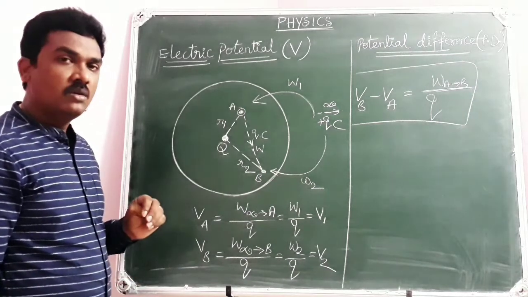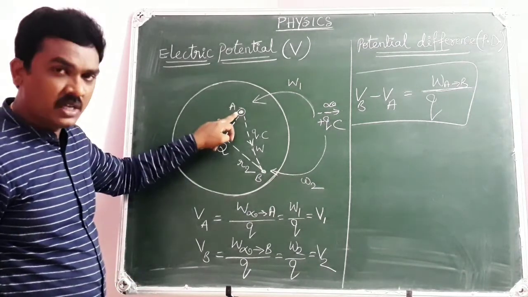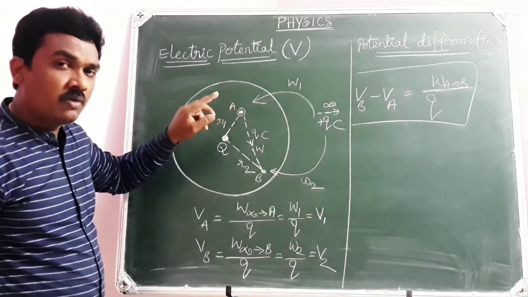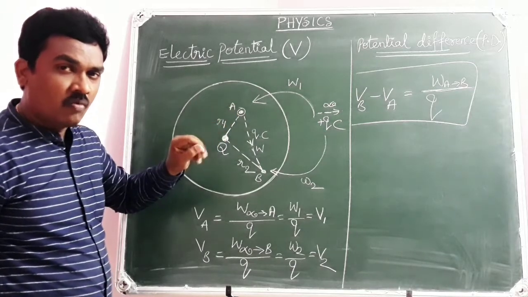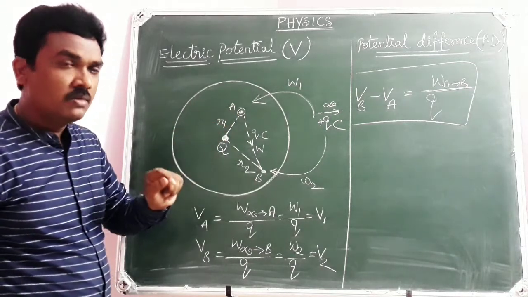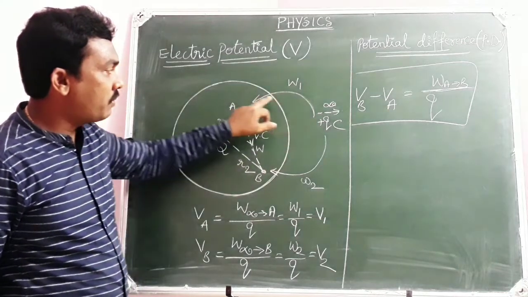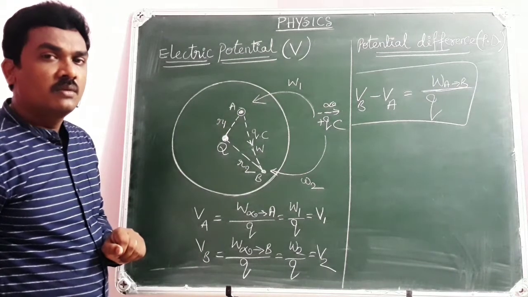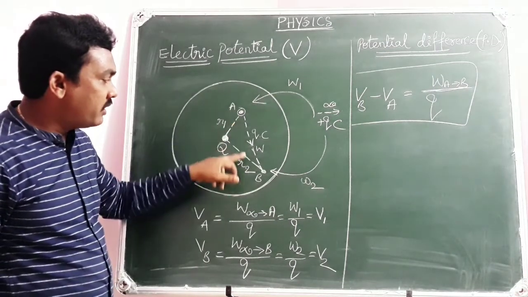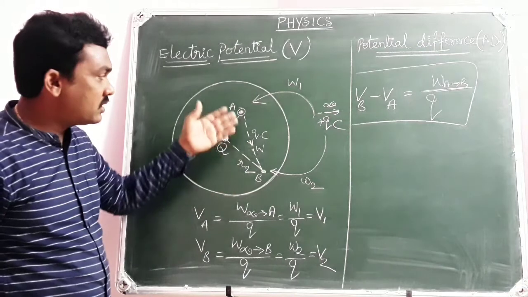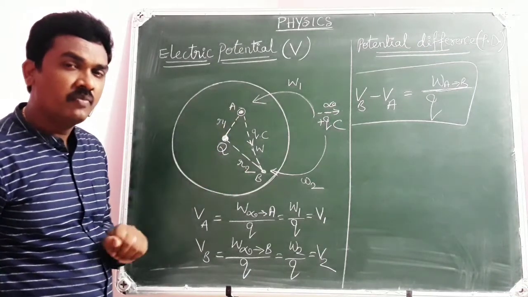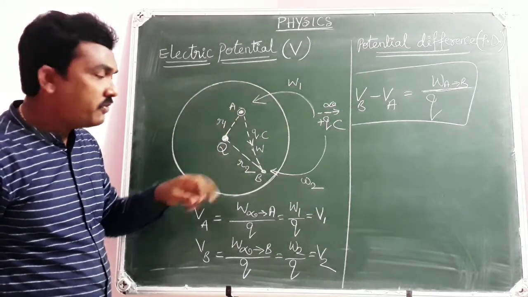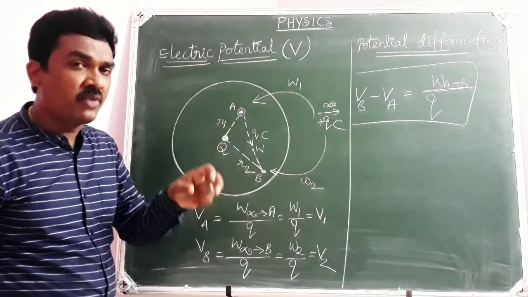So I conclude, electric potential at a point is the amount of work done to carry 1 coulomb of positive charge from infinite distance to the particular point in the electric field. But when different points are at different distances, there exists some potential difference between them. This potential difference between the 2 points can be defined.